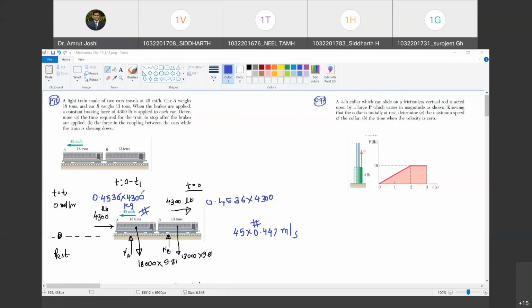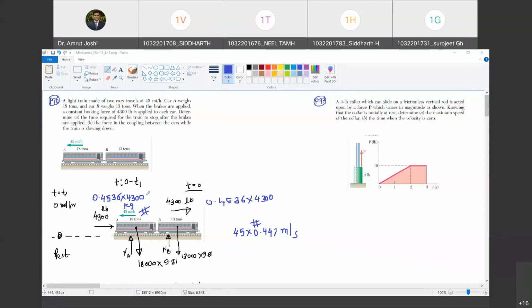So in yesterday's class we had drawn its free body diagram. Do you remember that? So we are going to have the weights acting downwards, and you are going to have 4300 pound force acting towards right, and that can be converted into kg by multiplying it by a factor 0.4536 into 4300.